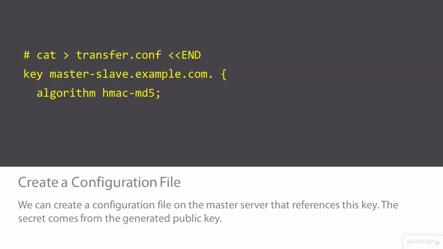We're setting the algorithm that's being used, and the secret, we'll see how we get this, but this comes from the public key. We then close off the key option, and then we just mark the end for cat, so it knows that we've reached the end of the file. This will create the transfer.conf with the given contents from key through to the closing brace and semicolon.